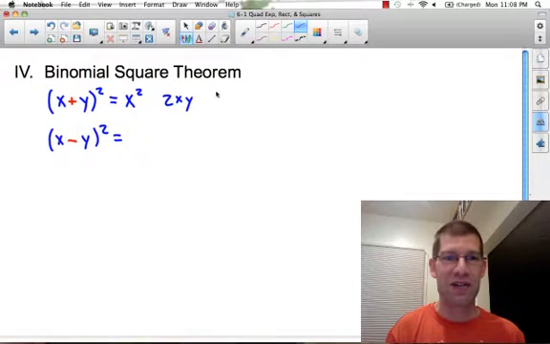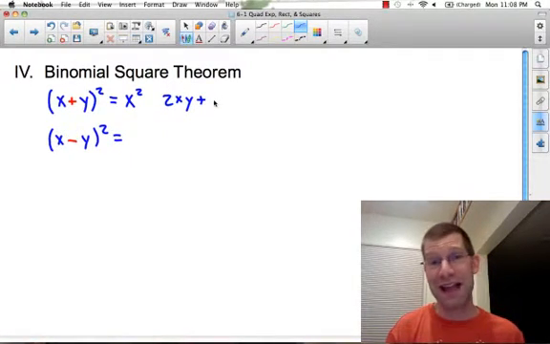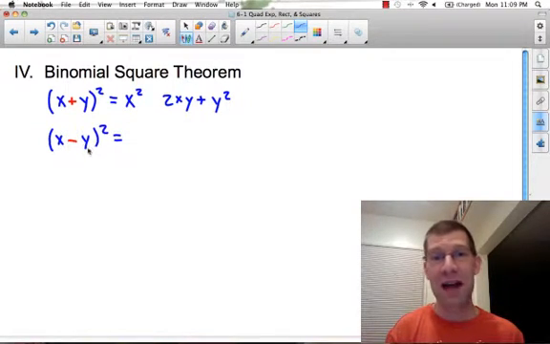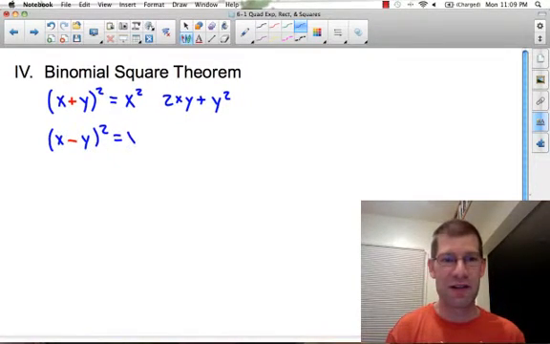And now the last term is always going to be plus, well, it's the L in FOIL, so it'll end up being a y times a y, so plus y squared. The answer down below, where we have x minus y quantity squared, is going to be exactly the same. I'm leaving out that sign, so I have an x squared, and then some sign, and then a 2xy, and then a plus y squared.